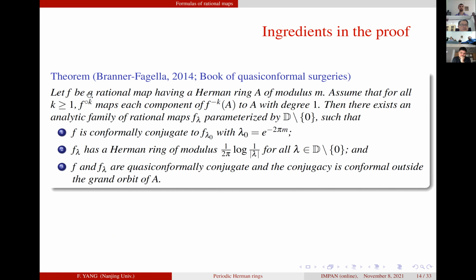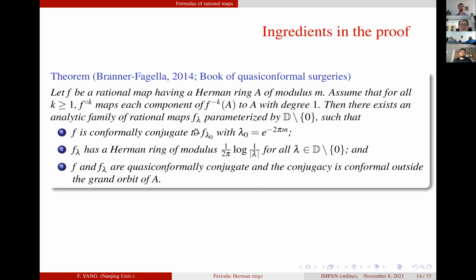The result states that if F is a rational map having a Herman ring of modulus M, and suppose for all k, F^k maps each component of F^{-k}(A) to A with degree 1, then there exists an analytic family of rational maps F_lambda parameterized by the punctured unit disk, such that F is conformally conjugate to F_lambda naught, where F is the original map.